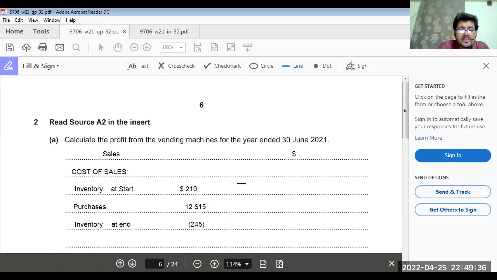And we'll get the amount of cost of sales. The amount of cost of sales is how much? This is 210 plus 12,615 minus 245, 12,580. Multiply by 2, double the amount, 100% markup. So sales is how much? 25,160.